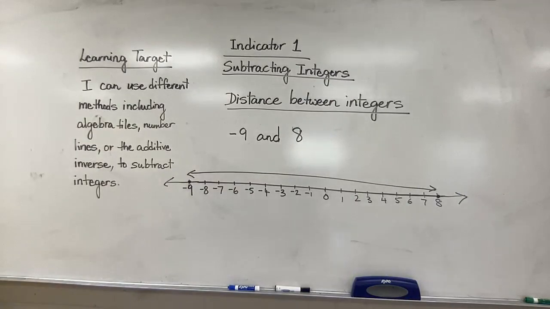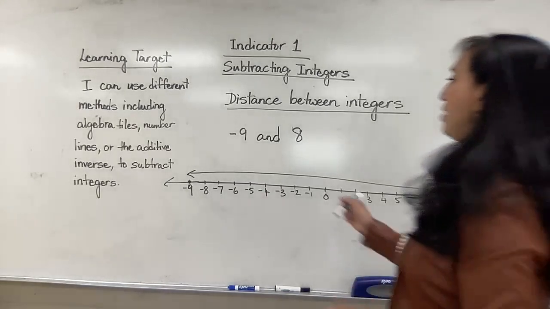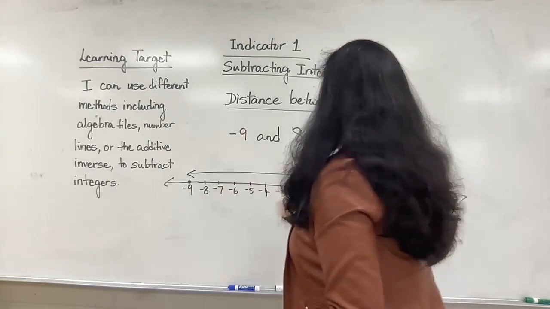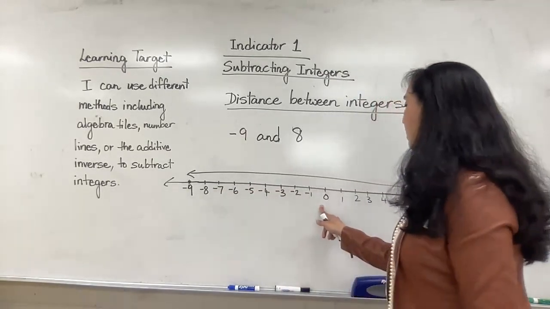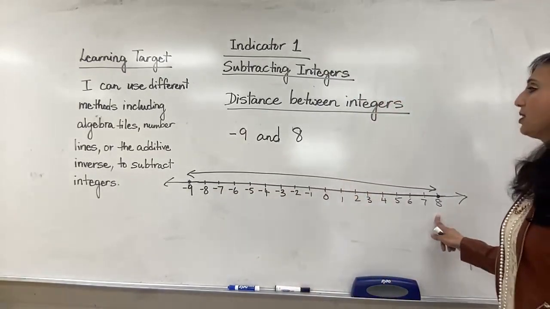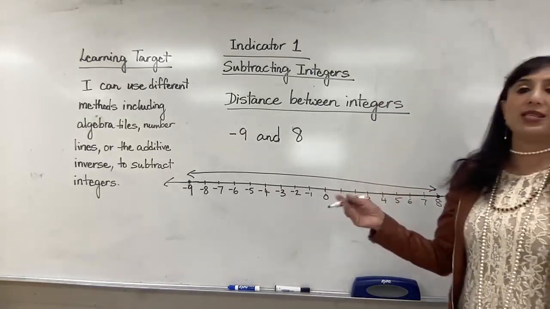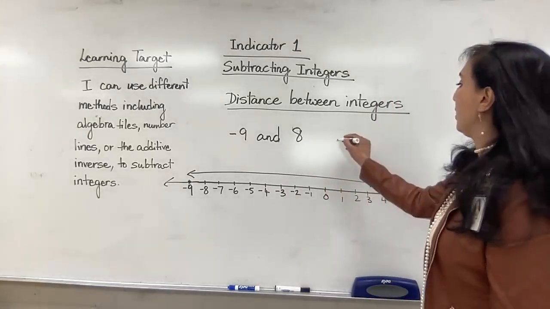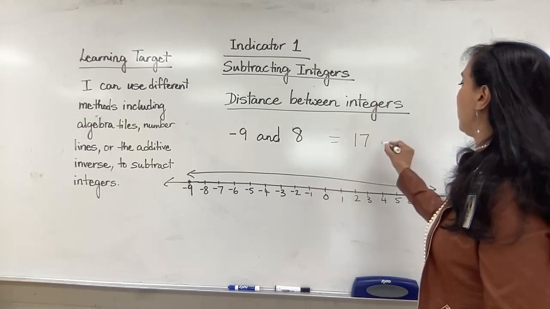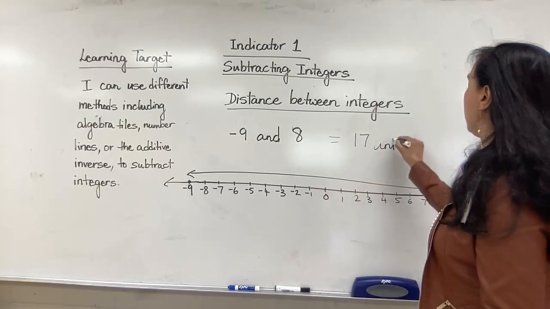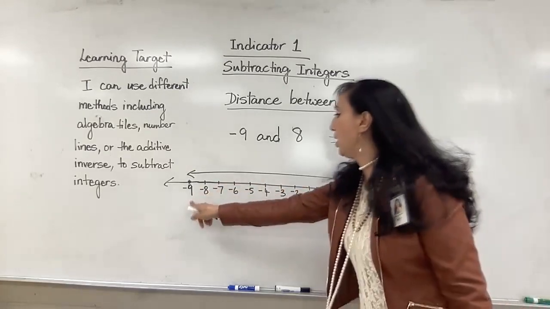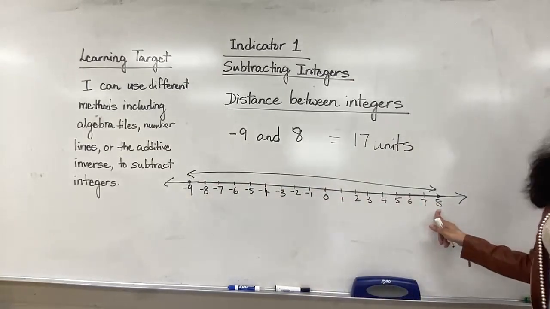That is definitely another way to solve that. So if I look at these two, I have the absolute value of -9 till here, which gives me 9 units, and then I have 8 units. So 9 plus 8 gives me the distance of 17 units, from here all the way to here.